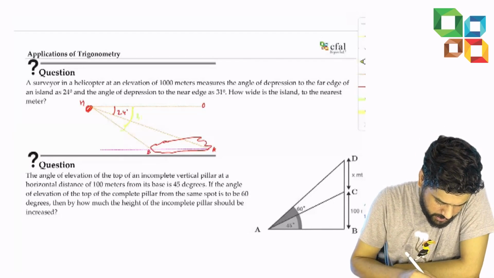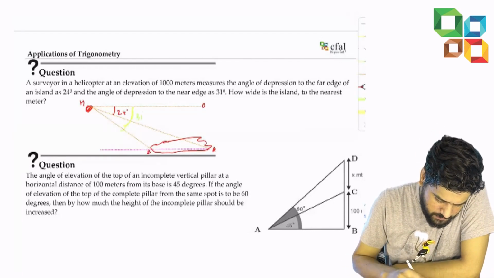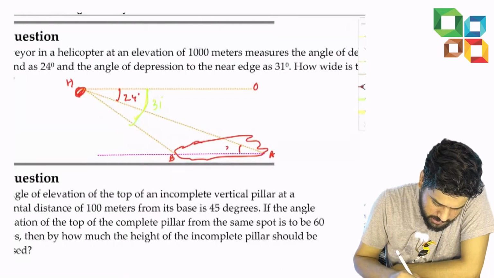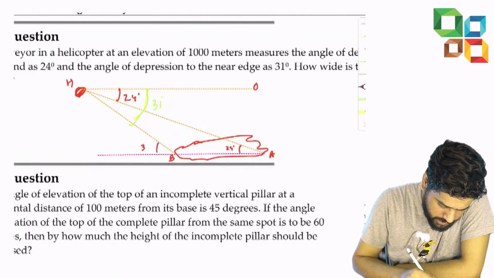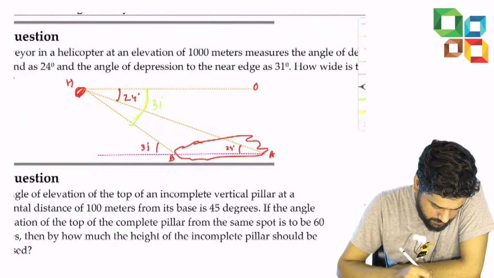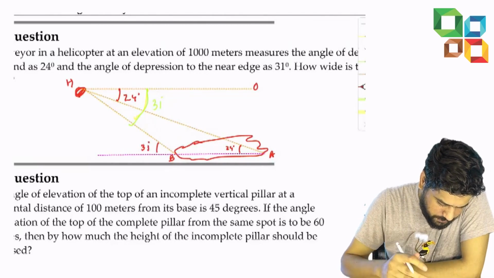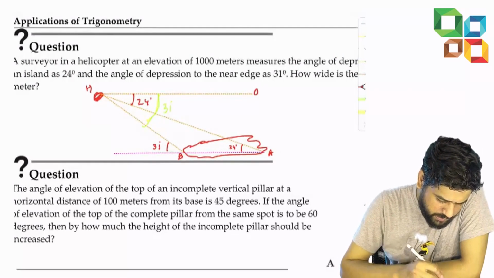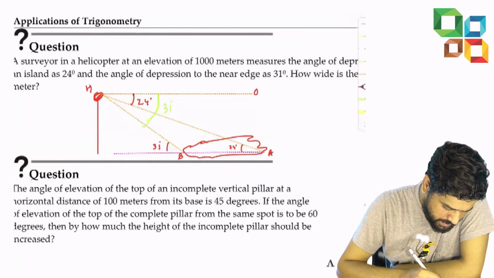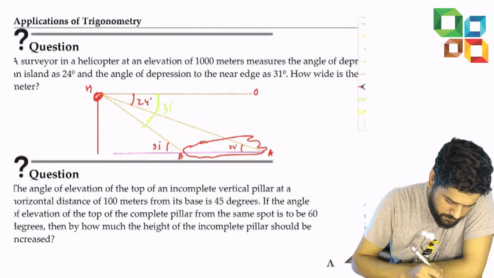This whole thing will be 31 degree. So by alternate angles, you'll see that this is 24 degree, this is 31 degrees. And then what is given? Elevation of 1000 meters. So this height is given to be 1000.